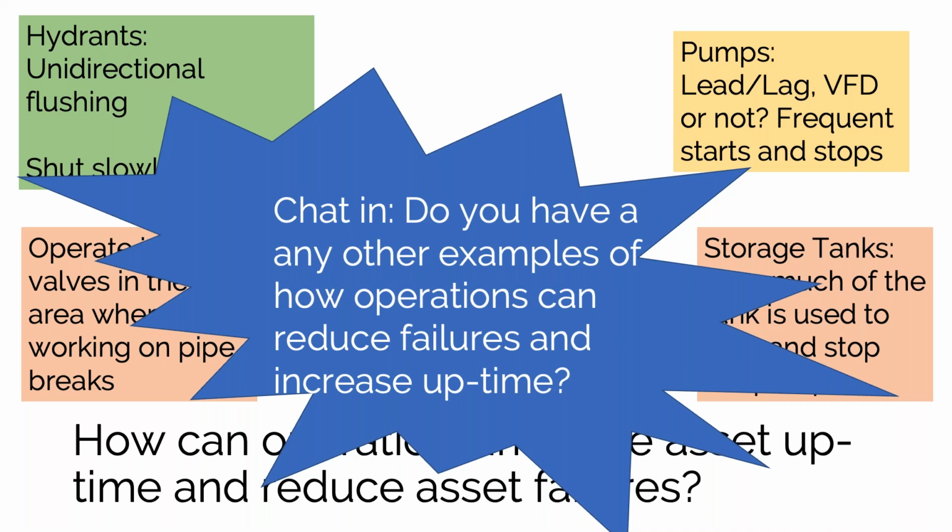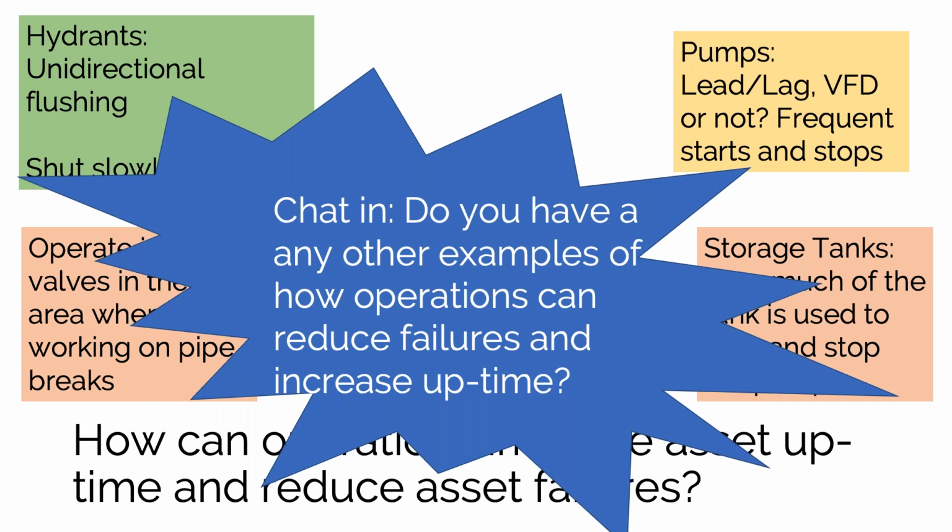So if you have any other examples of how operations can reduce failures and increase uptime, I welcome you to write some other examples of what you can do operationally to improve how long assets remain up. I'm going to move on in the interest of time, but please go ahead and do that, and then James will let me know if any of those come in the question box.